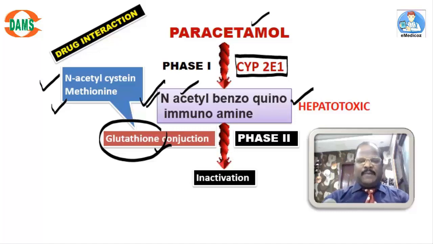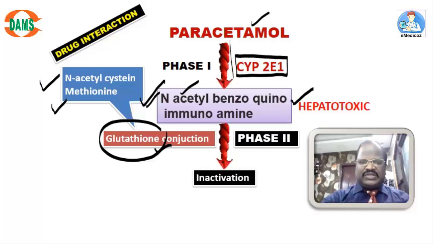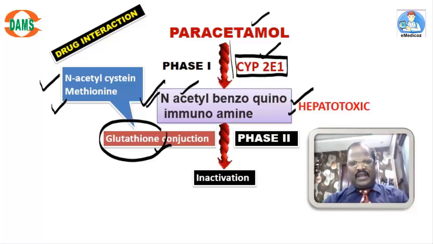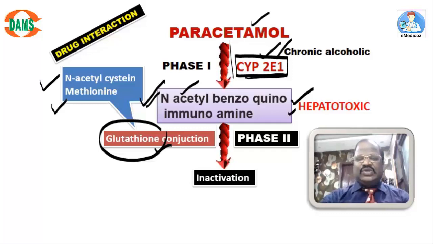Coming to the point, paracetamol produces a hepatotoxic metabolite with the help of CYP2E1. That means if I induce this enzyme, if I stimulate this enzyme, paracetamol will rapidly form the hepatotoxic metabolite. So we have one thing called ethanol. Chronic intake of ethanol will act as an inducer of CYP2E1.